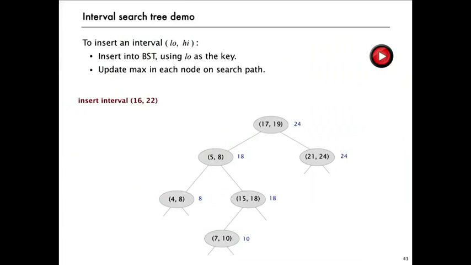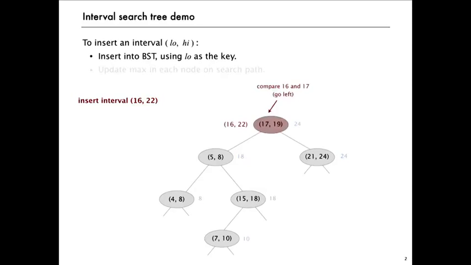So let's take a look at an insertion into an interval search tree with a demo. The insertion algorithm is pretty simple. We do the BST insertion, it's just that we have to update the maximum in each node on the search path.